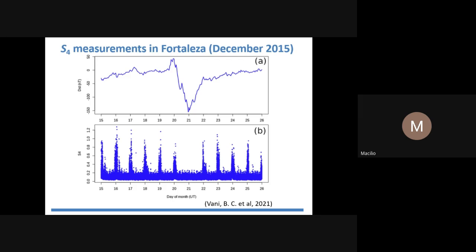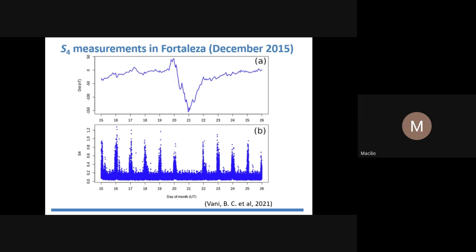In this graph, we show the magnitude of the magnetic field. On these days, we had a magnetic storm.